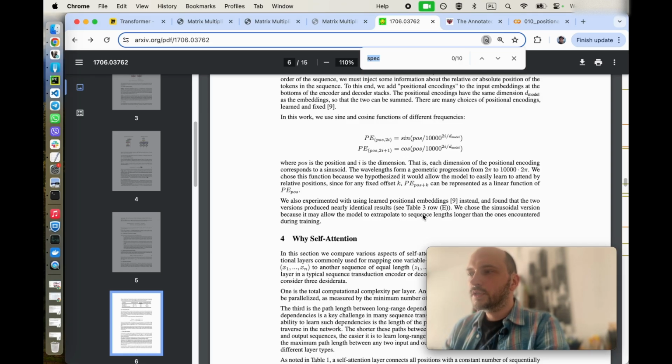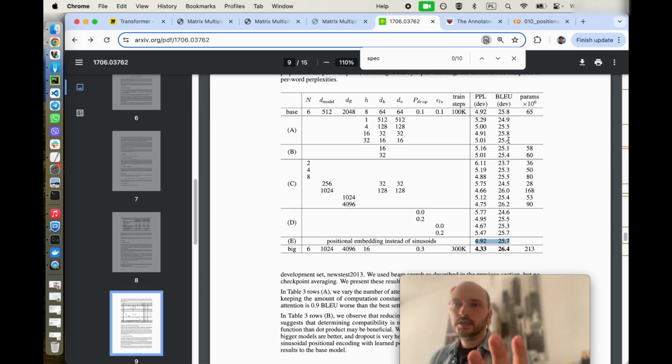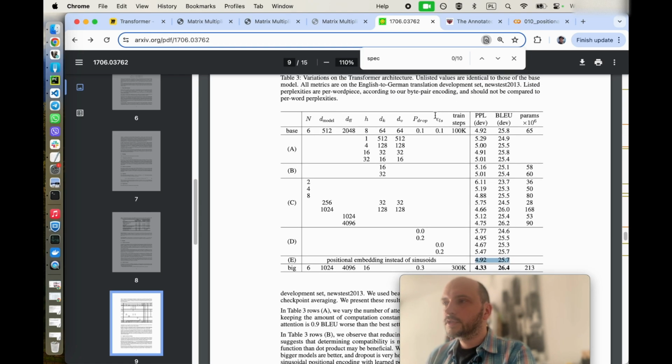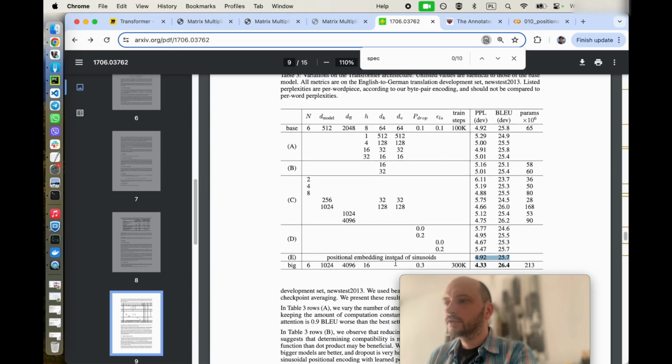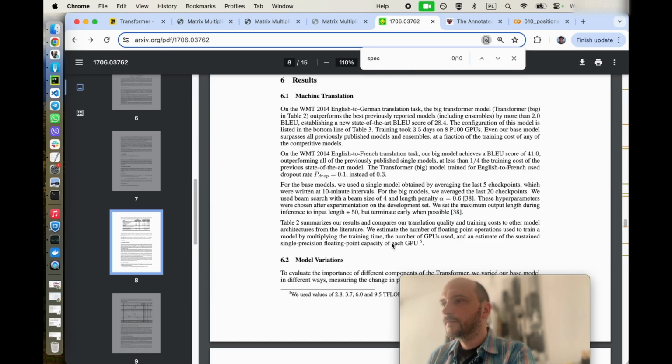Actually it was a bit higher. Oh no, actually it was not higher, it was about the same. But it might be higher if the dataset were bigger. They trained on some dataset, but if we extend it with more data, then quite likely the learned embeddings will outperform the predetermined ones.